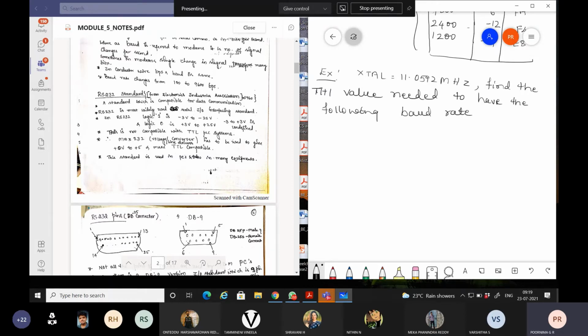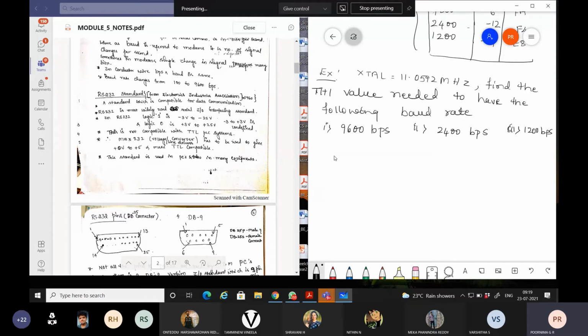The first to be calculated is 9600 bits per second. The second baud rate is 2400 bits per second. The third one is 1200 bits per second.